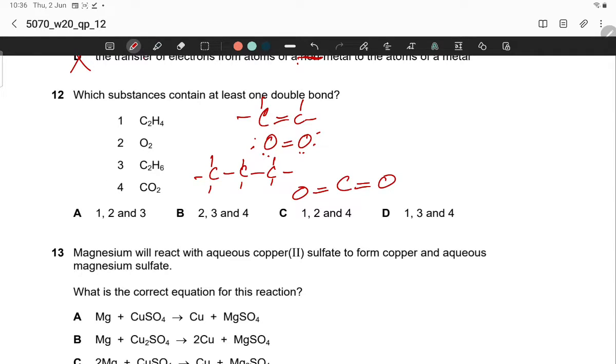So C2H4 has a double bond, oxygen has a double bond, and C2H6 has no double bond. Carbon dioxide has two double bonds. So 1, 2 and 4 are correct.